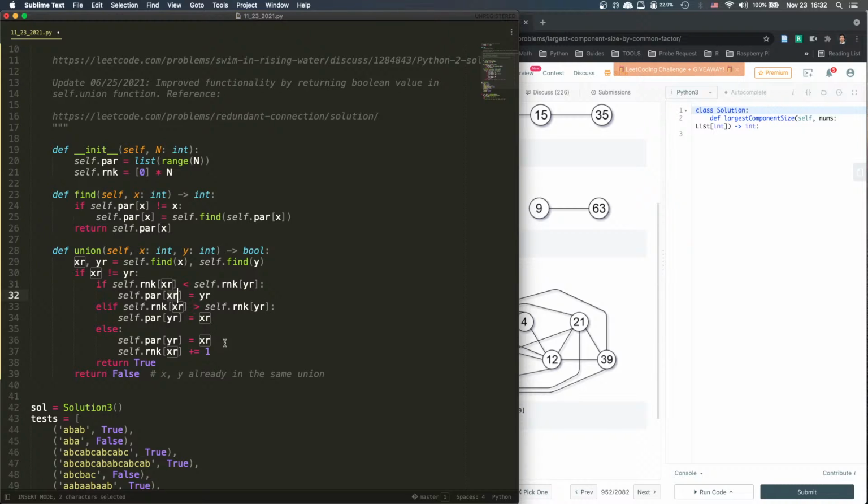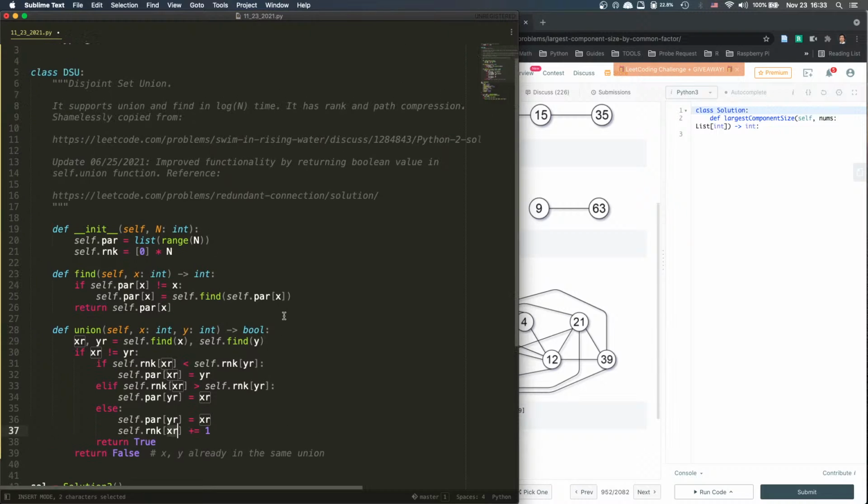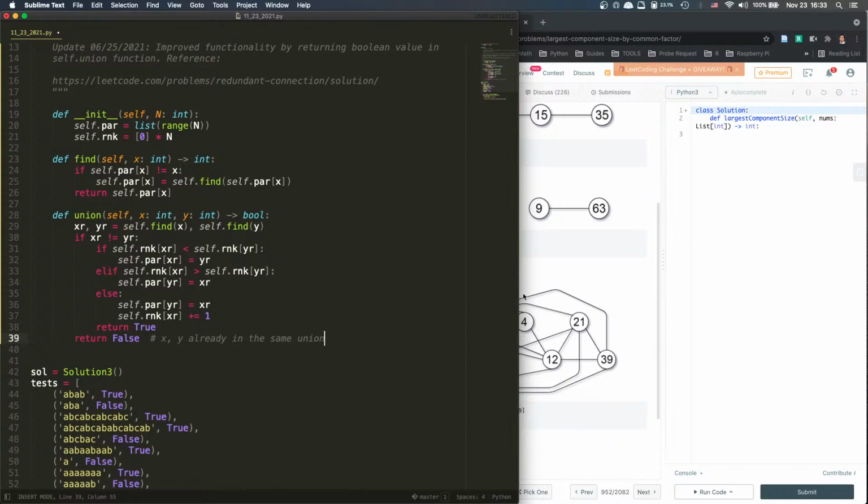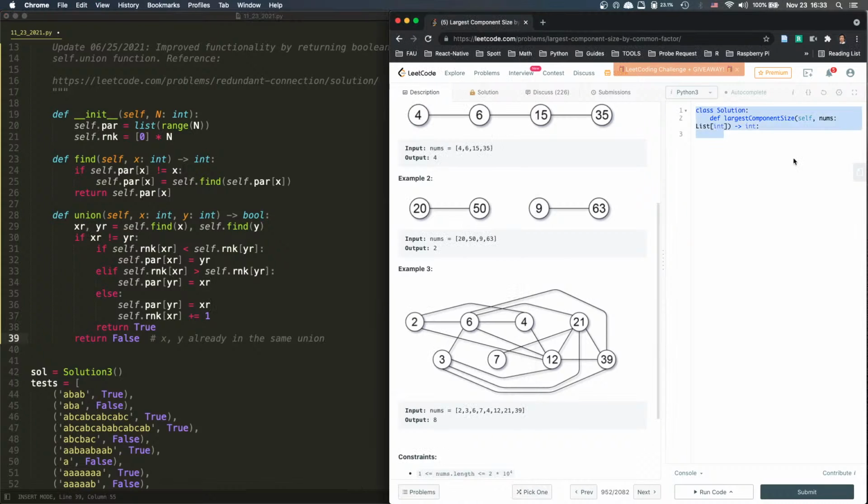Otherwise, we do the other way. If they have the same ranking, then we just arbitrarily assign the grandparent of Y to X, and once I assign that, we upgrade the ranking for X because we use X's parent. Yeah, makes sense. Again, if I had to write it myself, it's gonna be tough.